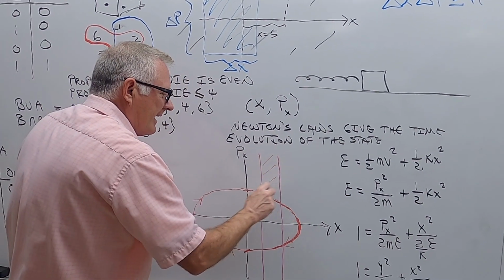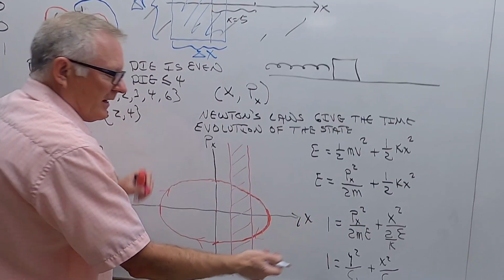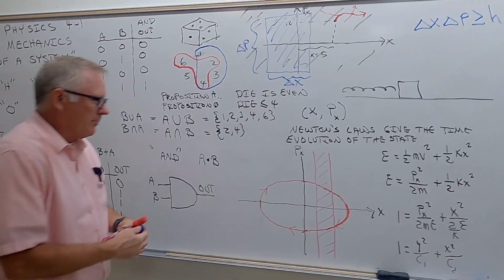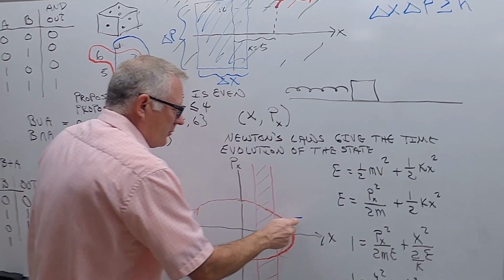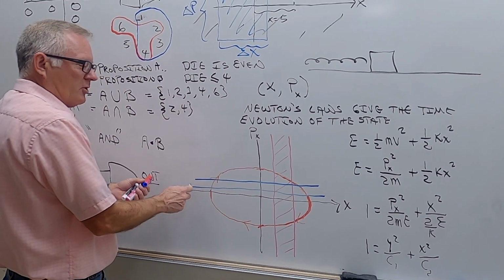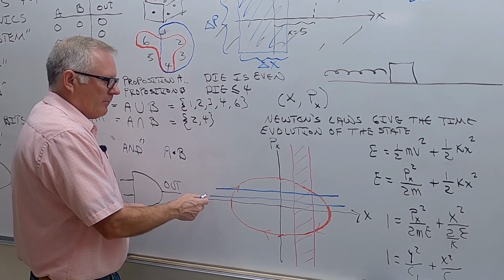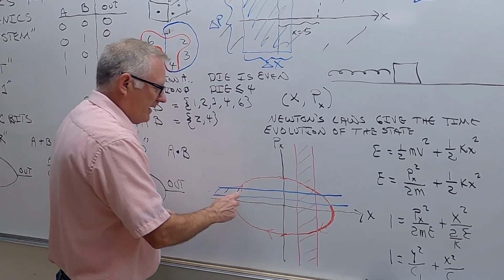So we could say that's the one proposition. It's between x equals 2 and x equals 3. And then we could have made another proposition, whereas the momentum was between here and here. The momentum was between, say, 1 kilogram meters per second and 2 kilogram meters per second. And so that would be this region.